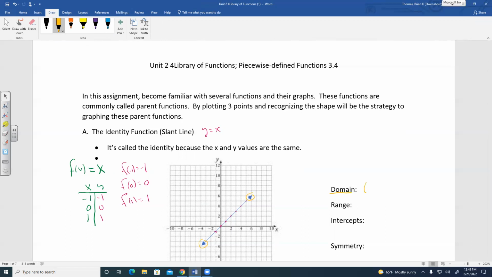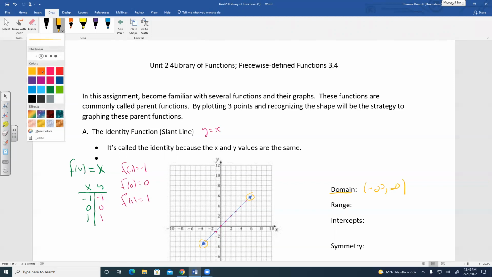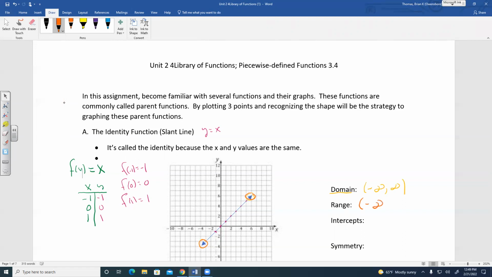So the domain is described as -infinity to infinity. As far as the range goes, if we look at the lower bound, it is also an arrow, and the upper bound is also an arrow. So from a lower to an upper, there aren't any range restrictions. So the range would be from -infinity to infinity.